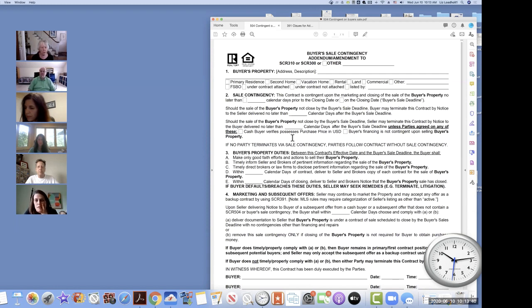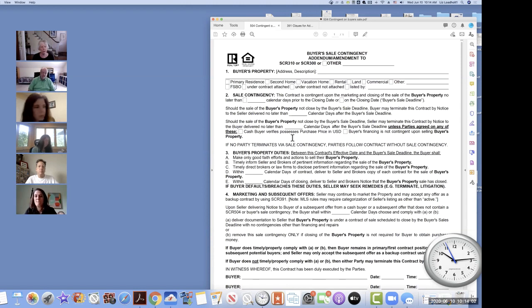That's pretty self-explanatory. And within blank calendar days of the contract, deliver to the seller and brokers copies of each contract for the sale of buyer's property. So within 1 calendar day of contract, the buyer promises to deliver to the seller and the brokers a copy of the contract for the sale of that property.